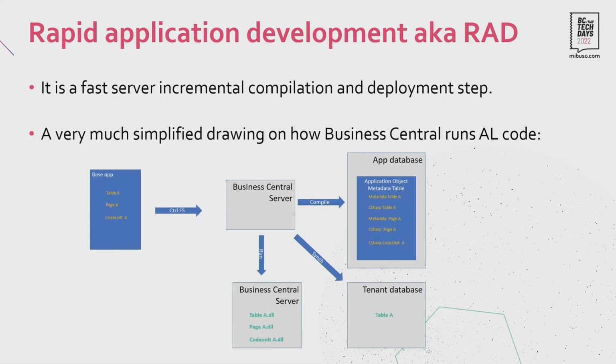And then when you run, and this is where the interesting thing happens, using this metadata, the XML, and the C# code, we are going to generate .NET DLLs. We are going to load these .NET DLLs in the running Business Central process address space. So basically, at the end, you are running .NET DLLs.